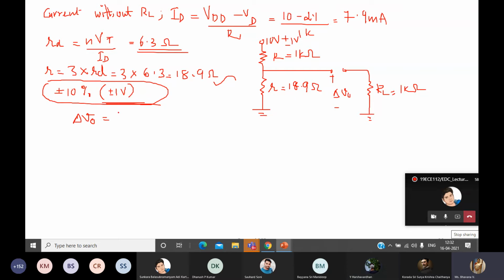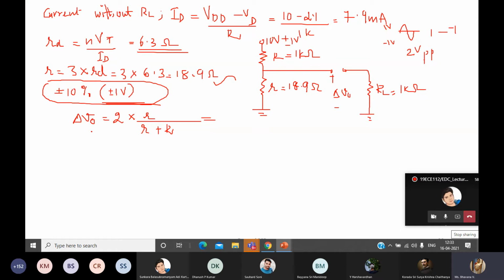So the total peak to peak voltage will be 2 into the voltage division, small r divided by small r plus capital R. If you take a sinusoidal signal, 1 volt here and minus 1 volt there, the total will be 2 volt peak to peak: 1 minus of minus 1.